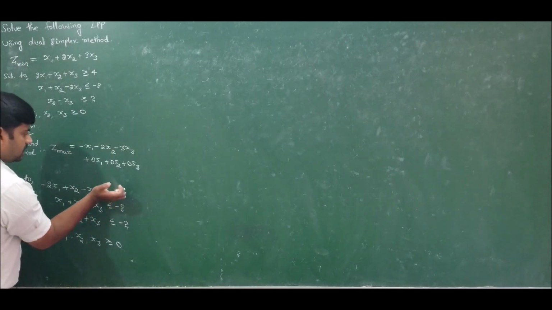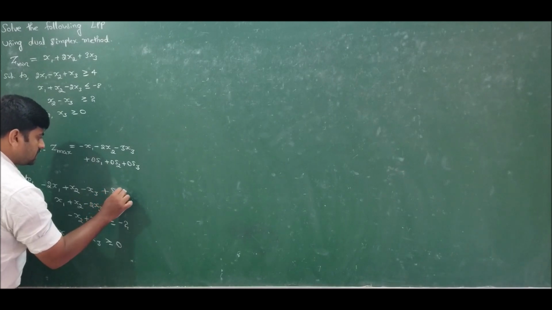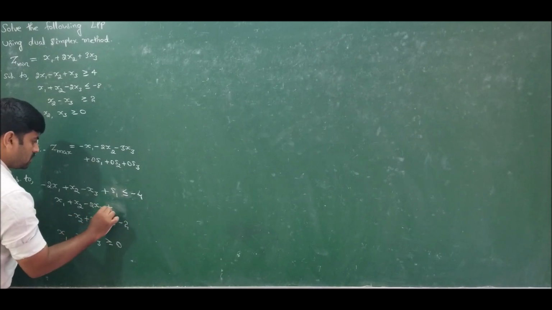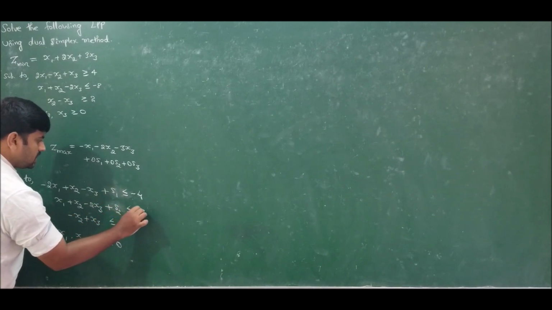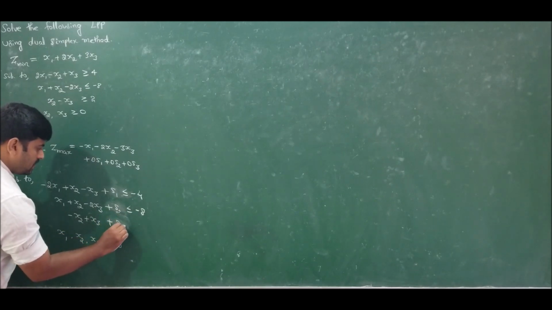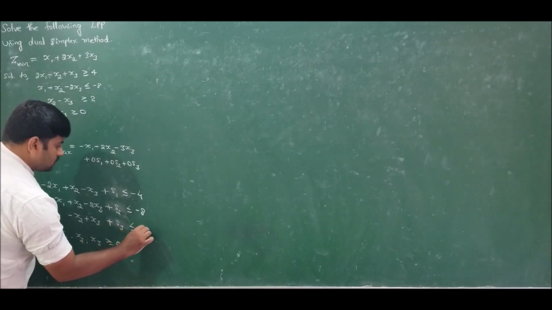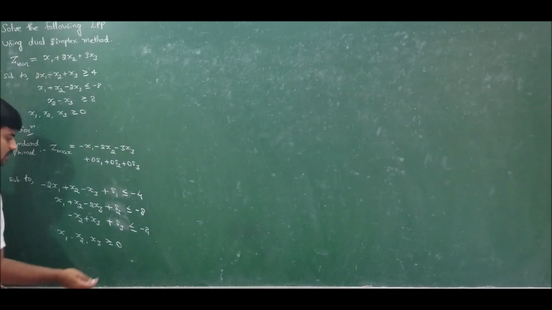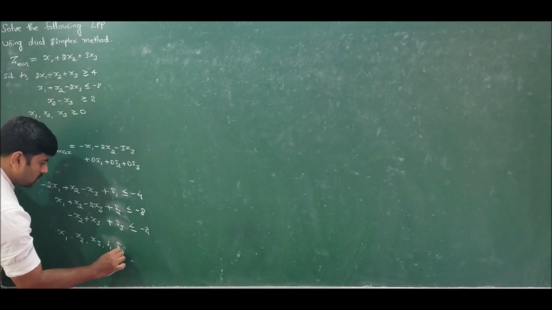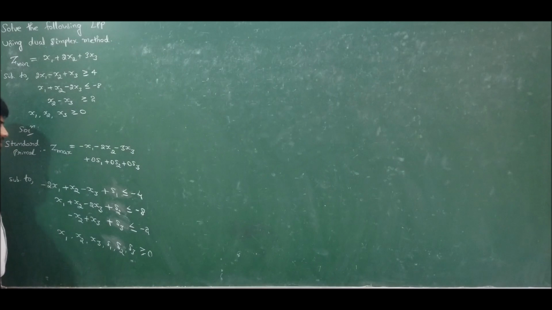Here I should add the slack, hence this will become plus s1 equal to minus 4, plus s2 equal to minus 8, plus s3 equal to minus 2, and all these are positive values. s1, s2, s3, the slacks all are positive.